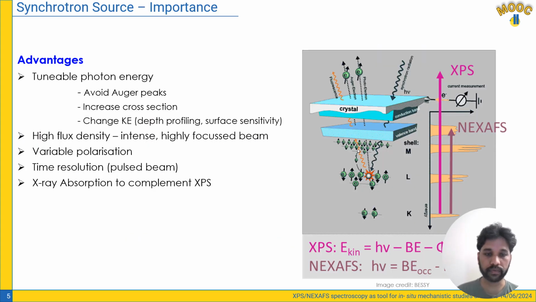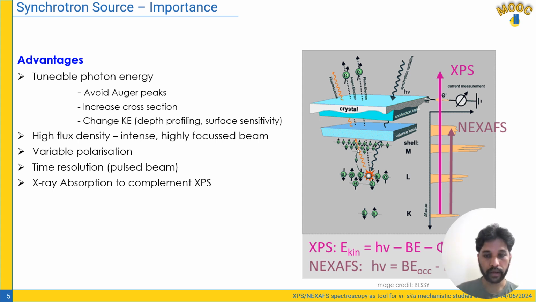So the key advantage of synchrotron radiation is that you have a tunable photon energy, which allows you to avoid the Auger electron. And sometimes the Auger electron gives you very useful information about the local structure of your catalyst or catalyst-electrolyte interface. By changing kinetic energy, you can make the measurements more bulk or surface sensitive.